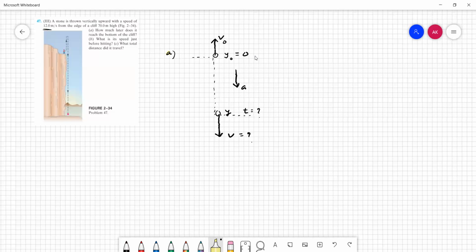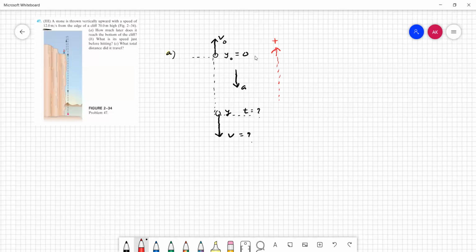Remember, positions are vector quantities. To tell y, we need to know our coordinate axis. So if I take the upward direction to be positive, let's start writing all the numbers that we know.